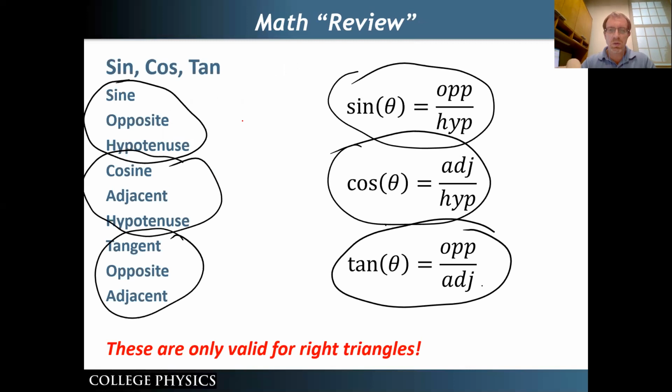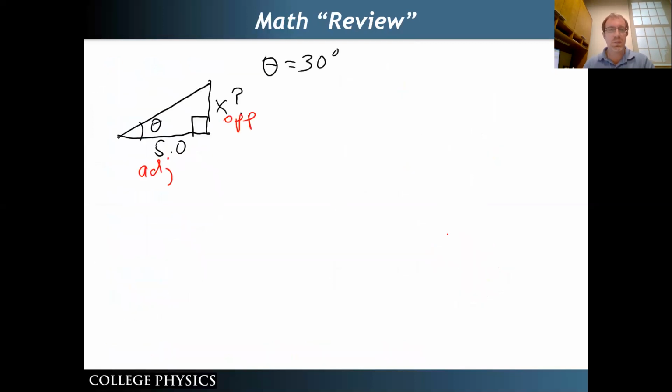I've got theta and the adjacent, and I want the opposite side. So the formula I should use is the bottom one with tangent. Let's apply that. Tangent of theta, and theta is 30 degrees, is equal to opposite over adjacent.